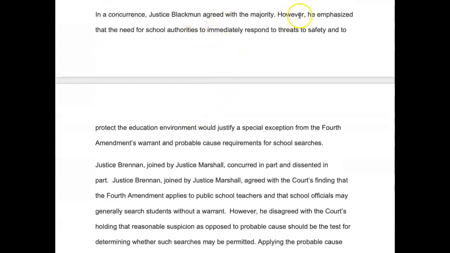And then Justice Blackmun here, you can see, said the need for school authorities to immediately respond to threats and safety should justify special exemptions from the Fourth Amendment warrant and probable cause requirements. So again, Justice Blackmun is the one who said they need to go further, that if this is threats or safety, then the Fourth Amendment doesn't apply at all. And it would have made it a lot easier for school officials to search. But again, that is a dissent.